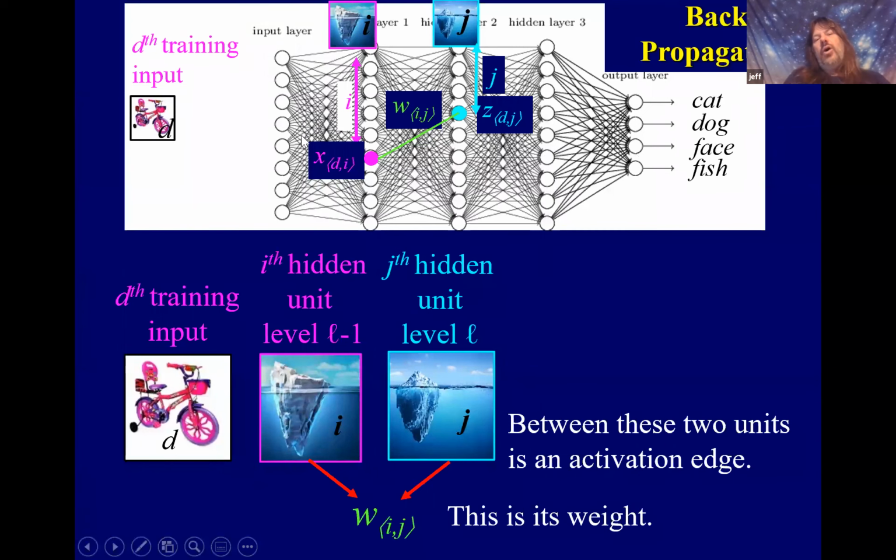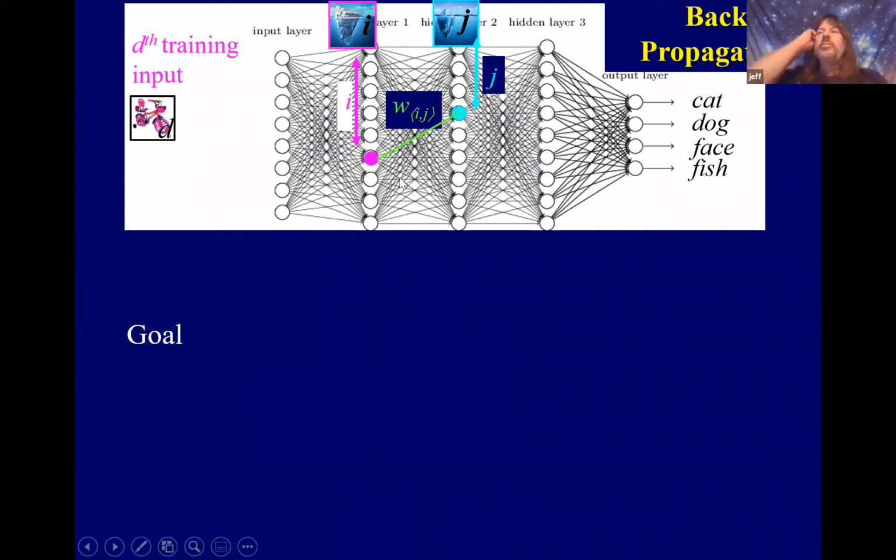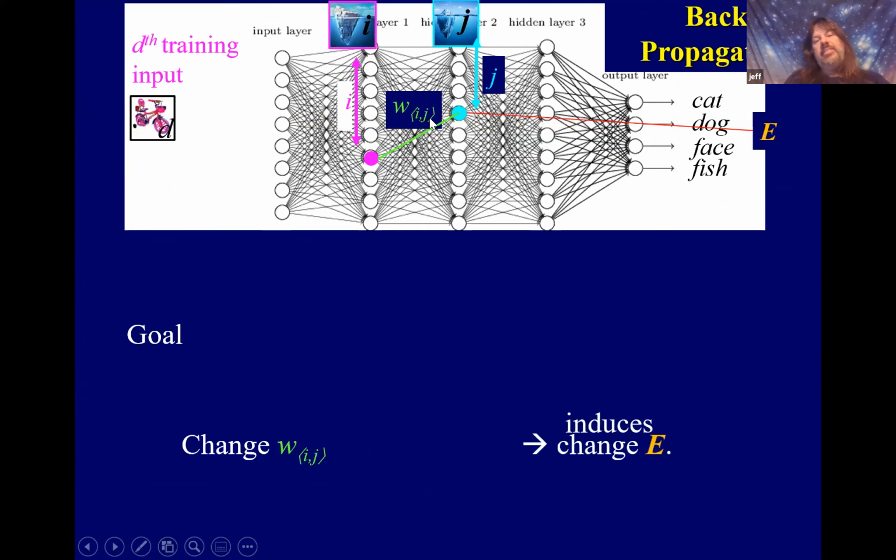Now we need to remind ourselves what our goal is. Our goal is to change that weight by a little bit, and that induces a change in the final error. You change that weight, that change propagates through here, and it changes the final error. What we want to compute is this ratio: the change in the error divided by how much we change the weight.